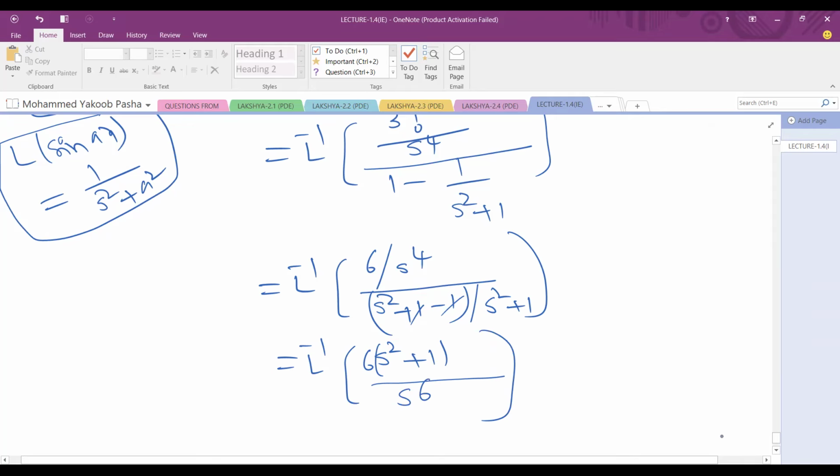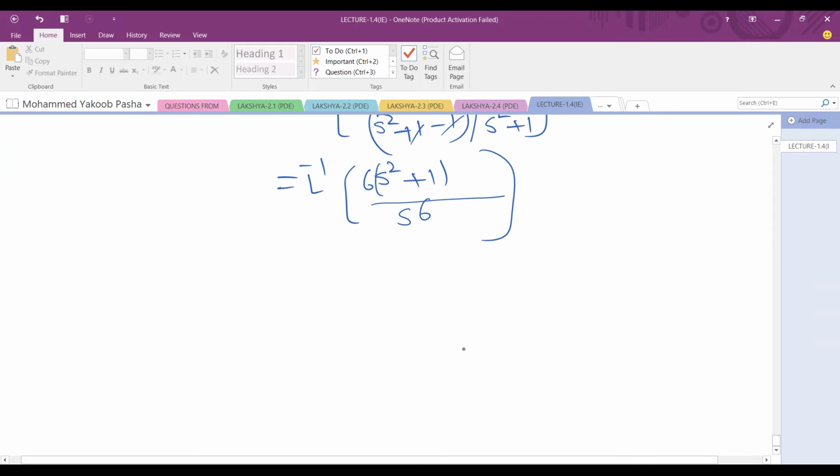So this is equal to inverse Laplacian of 6 s square by s power 6, which becomes 6 by s power 4, plus 6 by s power 6.